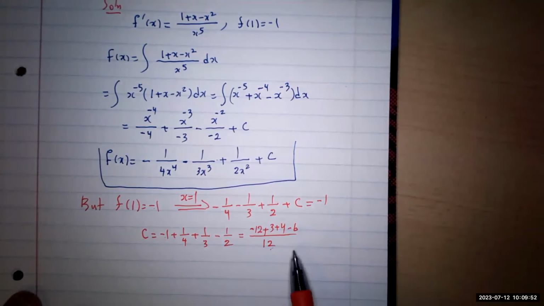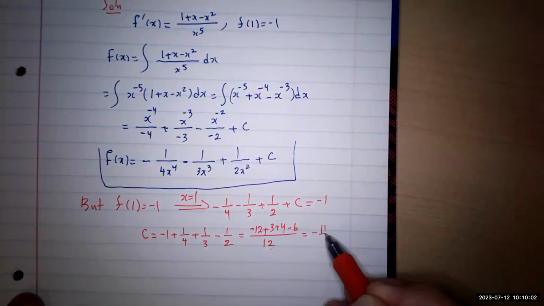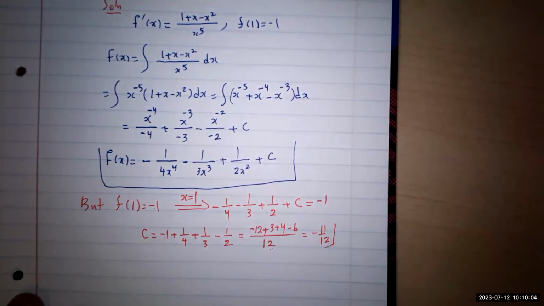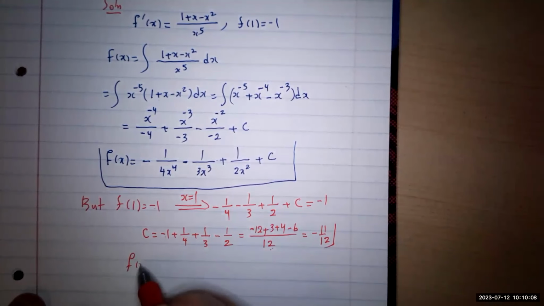So simplify the top. Negative 12 and negative 6 would be negative 18, plus 7. Negative 11 over 12. That's it. So come back and substitute for the c, and you have it.